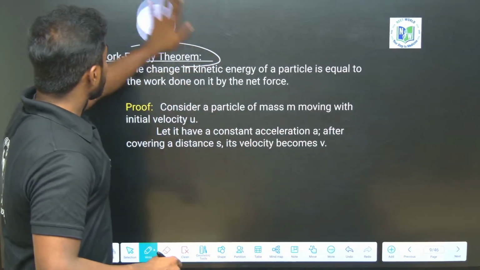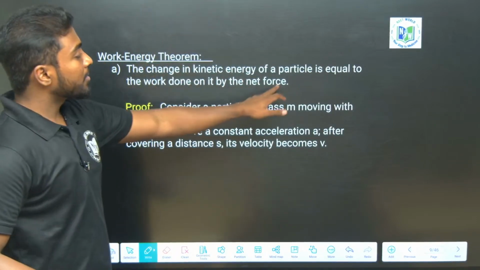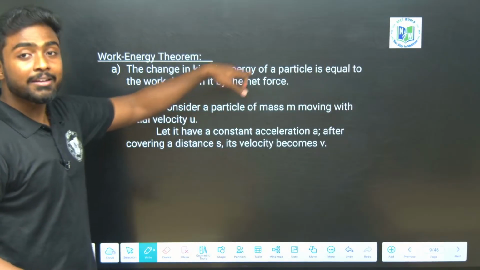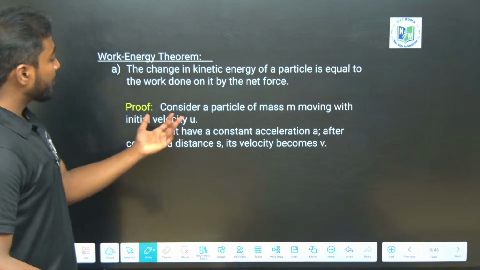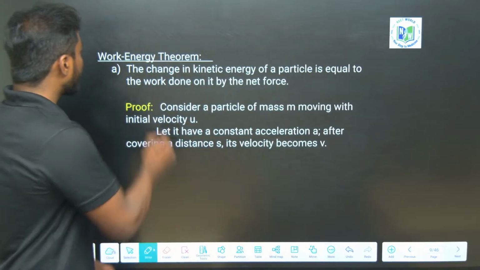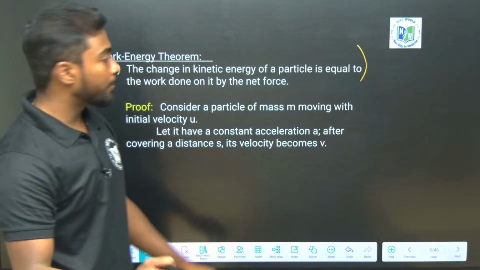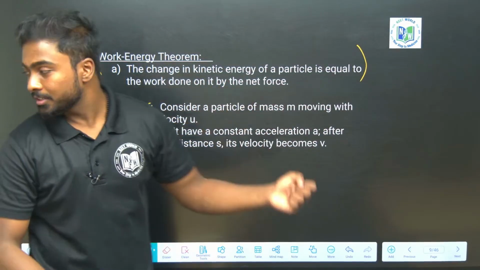So the change in kinetic energy of a particle is equal to the work done on it by the net force. This is the thing you should write in the third point.